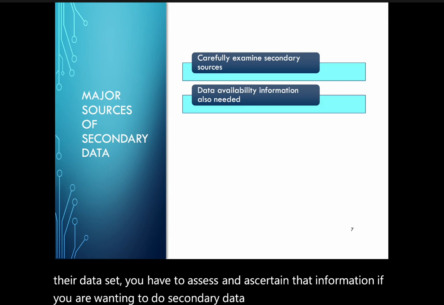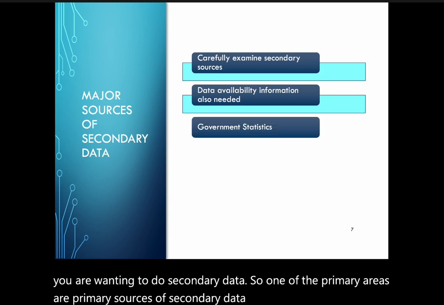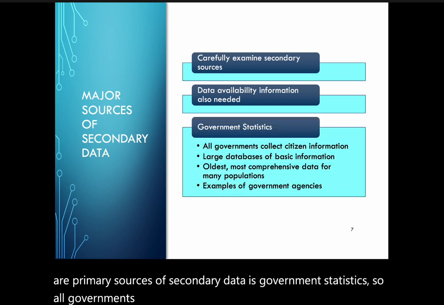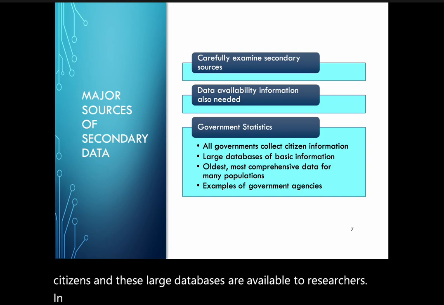One of the primary sources of secondary data is government statistics. All governments collect various forms of information about their citizens, and these large databases are available to researchers in raw form and include a lot of basic information.